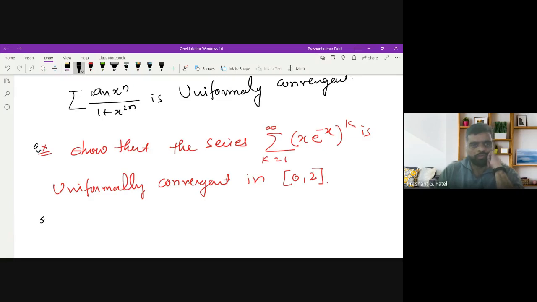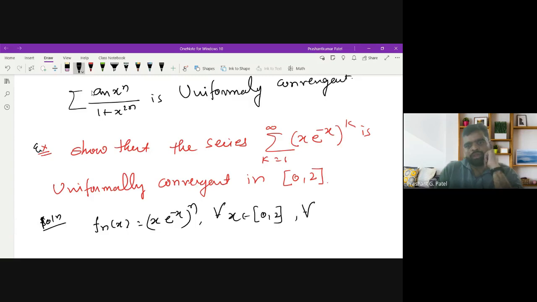So solution: to find the solution, here fn of x is x e power minus x power n, for every x in the closed interval 0 to, and for every n. So you can see that if I can find that this value, x upon e power x, will be less than or equal to some quantity, then we are through.